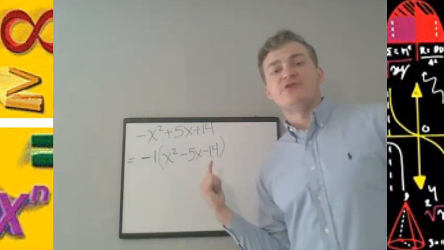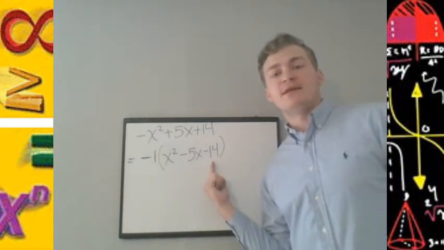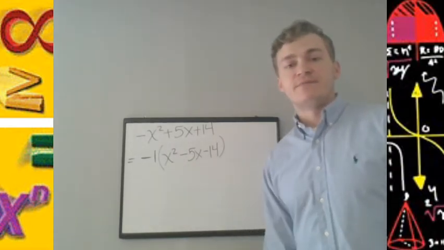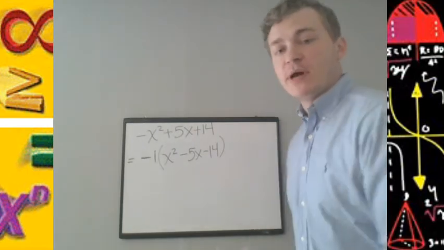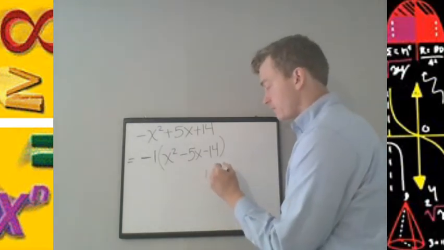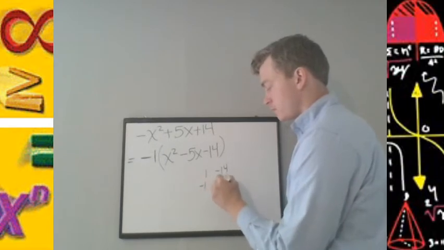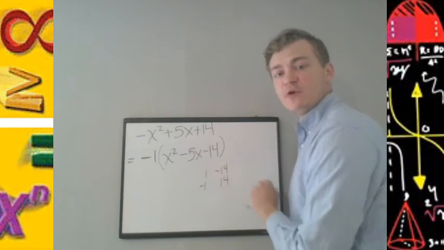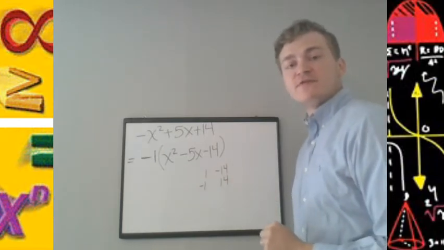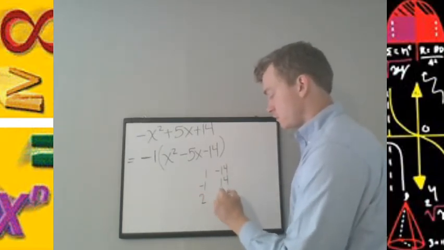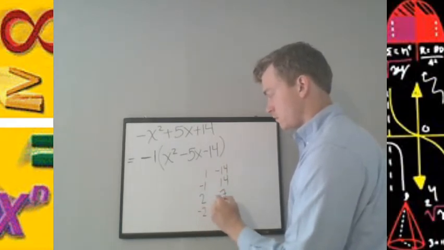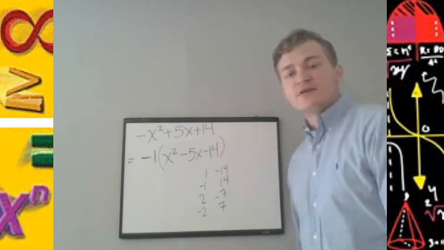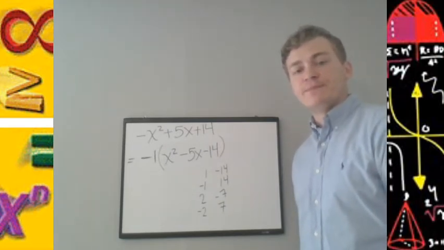Ask yourself, can you find two integers that multiply to give you -14 that will also add to give you -5? So run through the integers that multiply to give you -14. Right, those are the two easiest to start with. To multiply to give you a negative, one must be positive, one must be negative. What else multiplies to give us 14? And those are all of the factors that will multiply to give us -14.